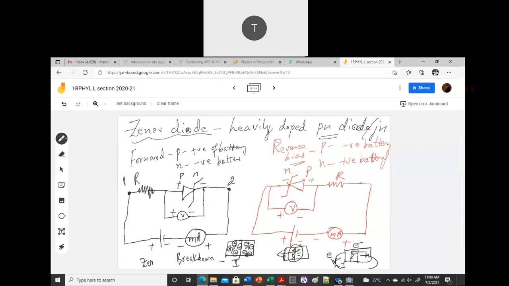So Zener breakdown is normally in reverse bias, but breakdown refers to when the electrons are passing through the barrier. That means they are breaking this potential barrier. Okay. So if I call this your potential barrier, then the minimum voltage that is required for breaking this is called the breakdown voltage or Zener breakdown. In the forward, you have forward breakdown, and in the reverse, we call it Zener breakdown.